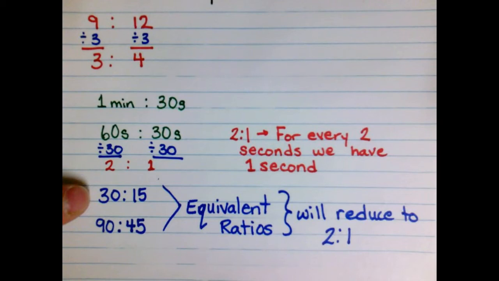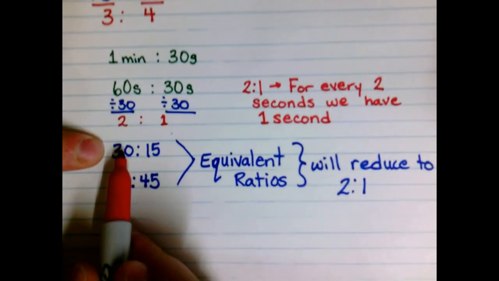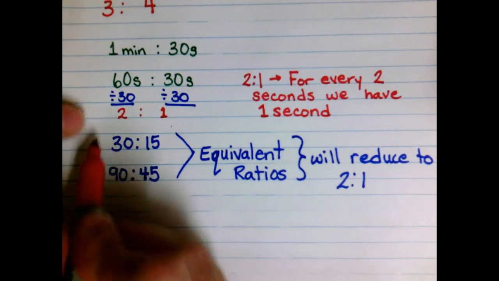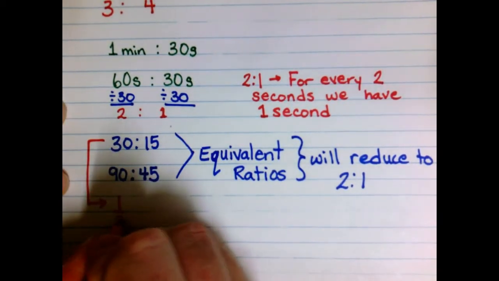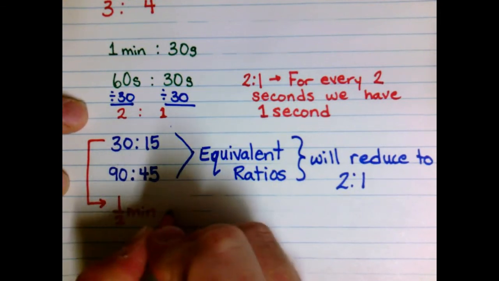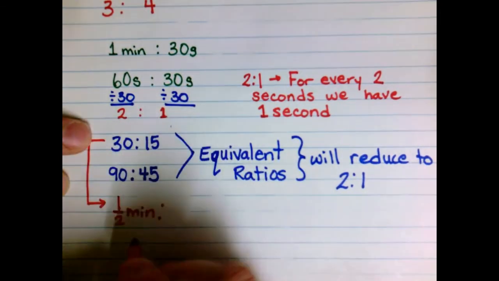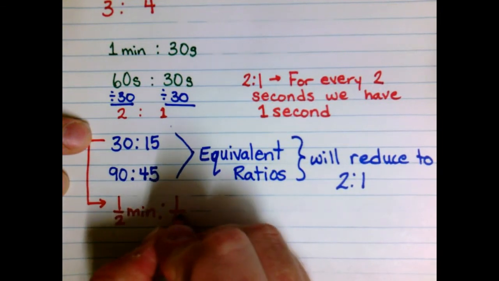They could be converted to minutes, but then we wouldn't have any whole numbers. So take, for example, this 30 and convert it into minutes, we'd have half a minute, and then 15 seconds converted into minutes is a quarter minute.